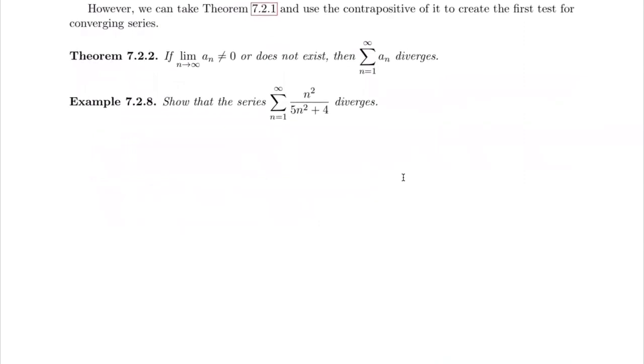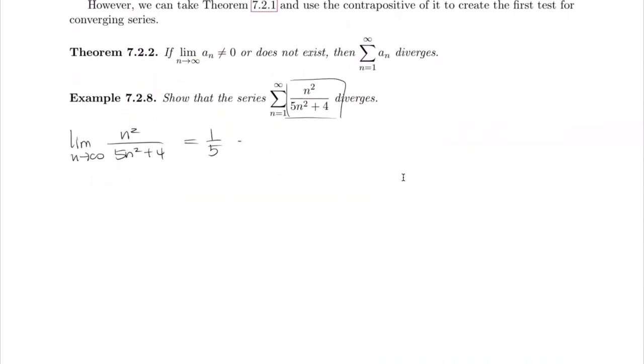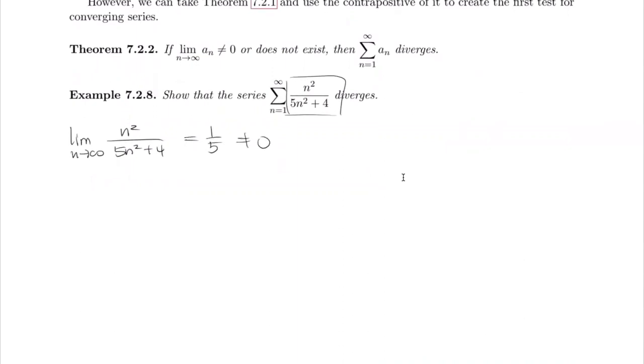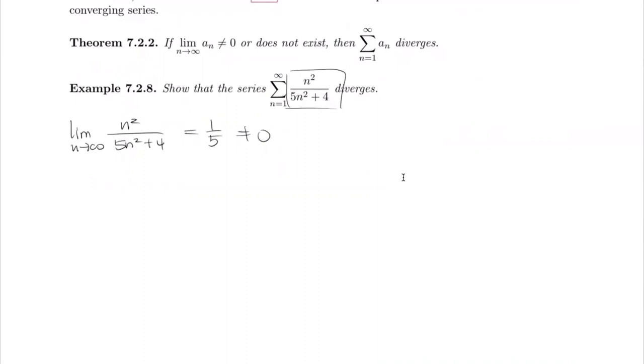So we compute the limit as n approaches infinity of this part here. The limit as n approaches infinity of n squared divided by 5n squared plus 4 is equal to 1/5, just by inspection. And that does not equal 0. So by theorem 7.2.2, the series diverges.